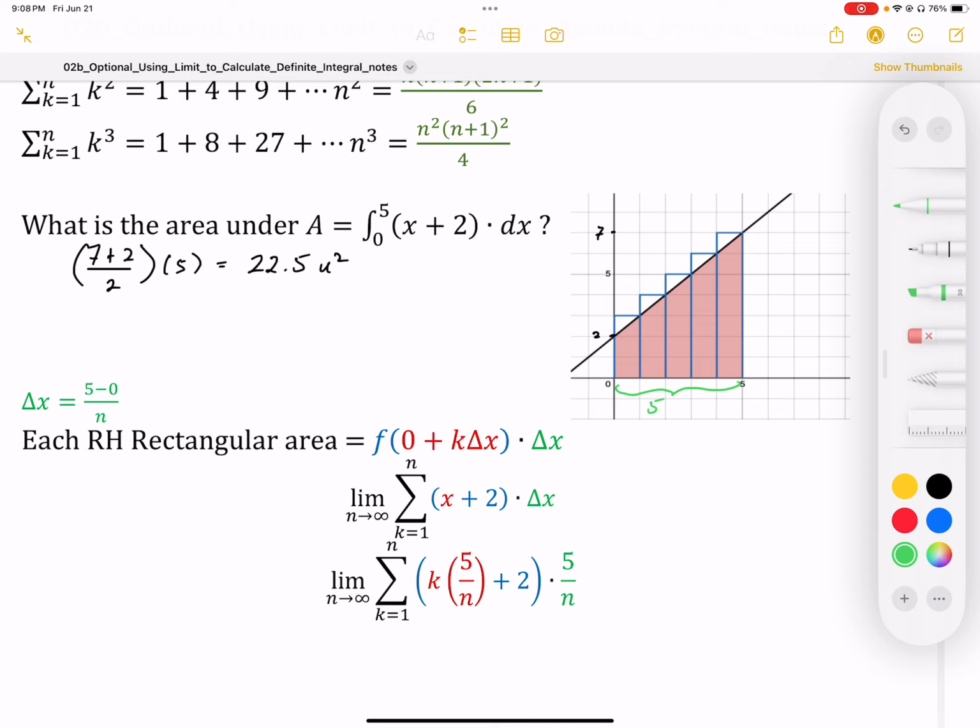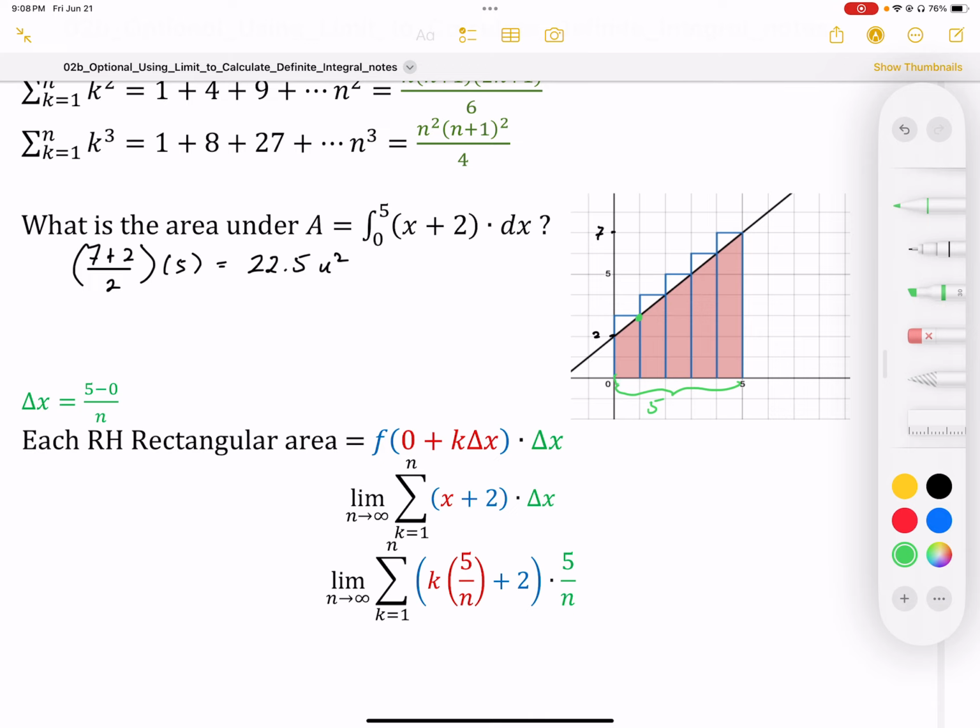So it's going to be 5 minus 0 divided by n is our delta x. And each right-hand edge height is just going to be starting at 0. And for every k value, we're just going to add a delta x. And the f of that is going to give us the height of this point.